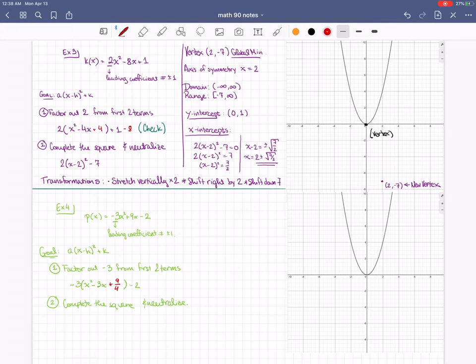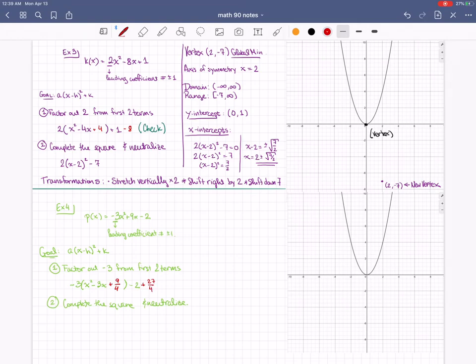And then we have to neutralize. Well, what did we do? We added 9/4 inside these parentheses, but the parentheses are being multiplied by -3. So in fact, we didn't add 9/4, we subtracted 27/4, which is 3 times 9/4. And in order to neutralize, we have to add the 27/4 back in.